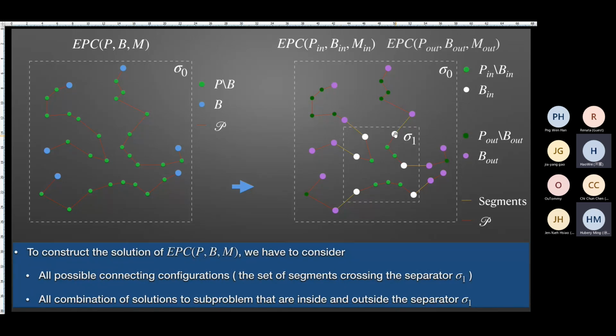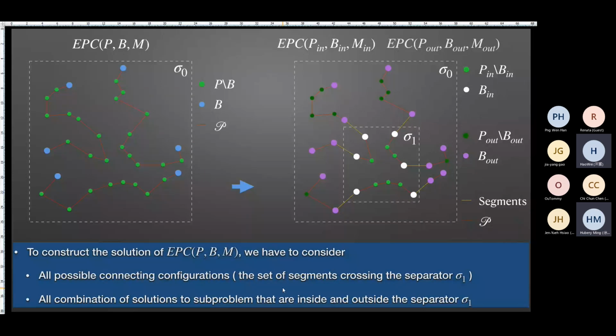First, we have to consider all of the possible connecting configurations, that is the set of points crossing the separator. Second, we would like to consider all of the combinations of the solutions inside and outside of the separator.